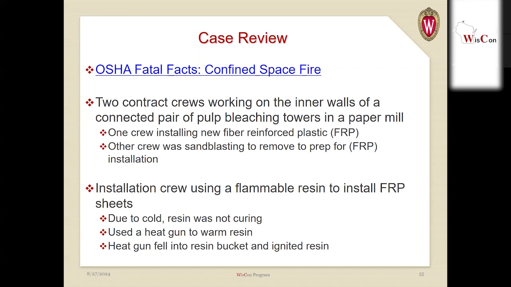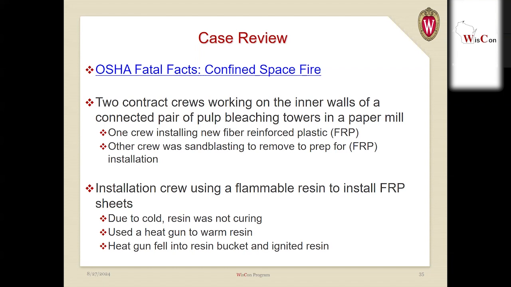The other crew was working in a separate tower, focusing on sandblasting to remove debris to prep for the new fiber reinforced plastic to be installed. The two towers were connected through a very tiny tunnel, but they were separate towers, so the groups were working independently.